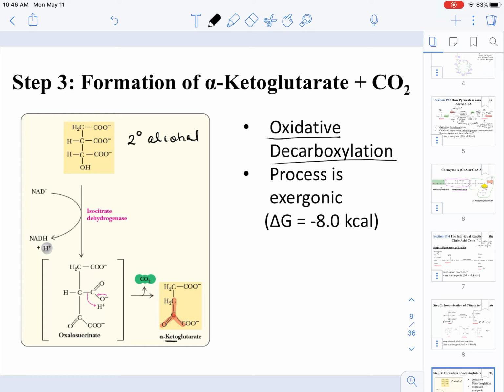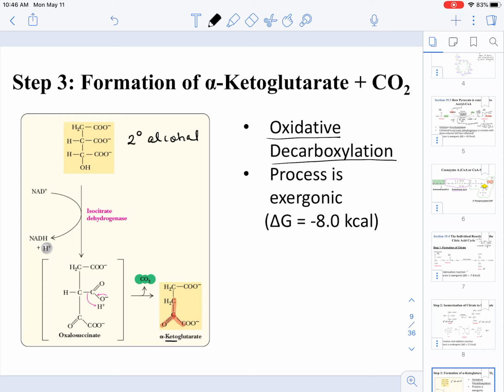So the process of converting the isocitrate to alpha-ketoglutarate, as you can see, is catalyzed by the enzyme isocitrate dehydrogenase. So overall, first, what happens in the process is that we are going to be oxidizing our isocitrate to make this molecule that is called oxalosuccinate.